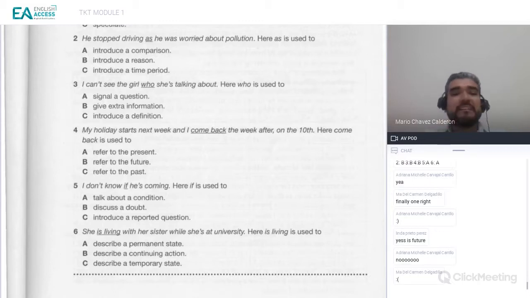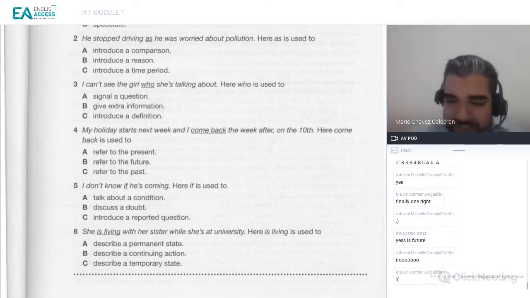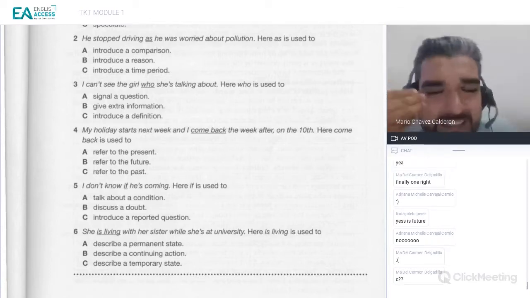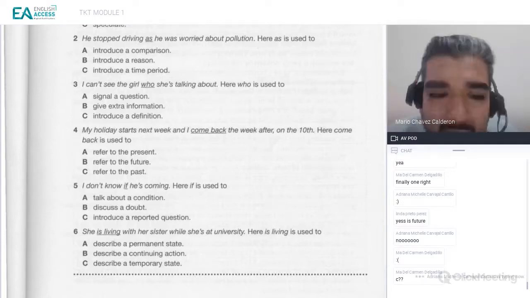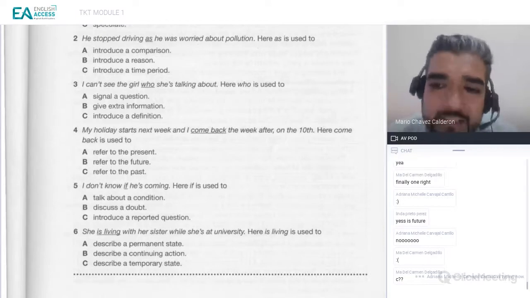"She's living with her sister while she's at university." Here is living is used to describe a permanent state, a continuing action, or a temporary state. The answer here is, ladies, look at the sentence. She's living with her sister while she's at the university.